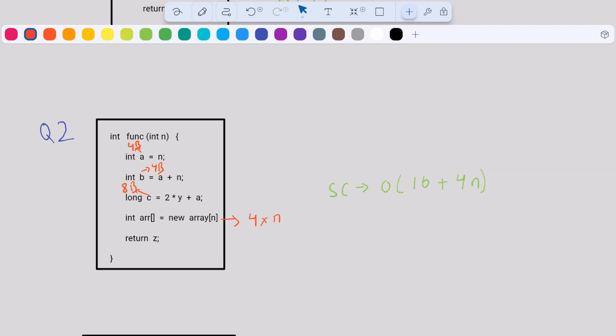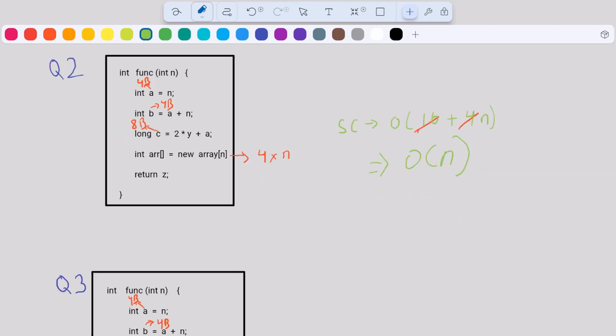When the size of the space is not fixed, we just write it as n, following the set of instructions for big O notation. Remove all the lower terms, so 16 will be removed, and also the constant coefficient should be removed, so this 4 will be removed. Finally the space complexity for this will be order of n.